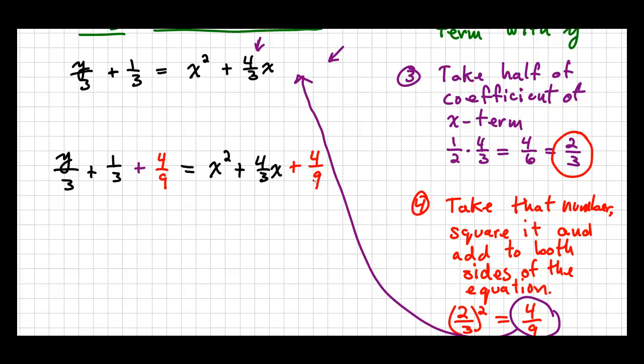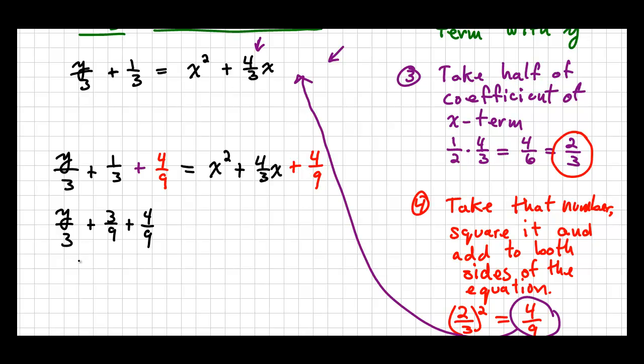On the left side, we can just add these together. 1/3 is the same as multiplied by 3/3, so 1/3 is 3/9. I'll do that over here: 3/9 plus 4/9.